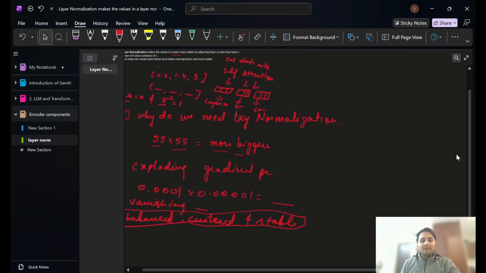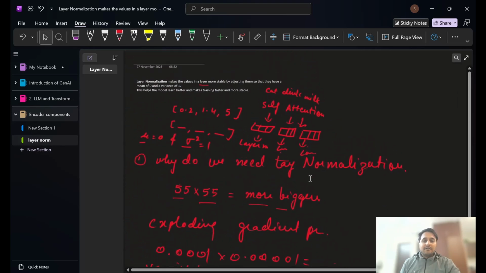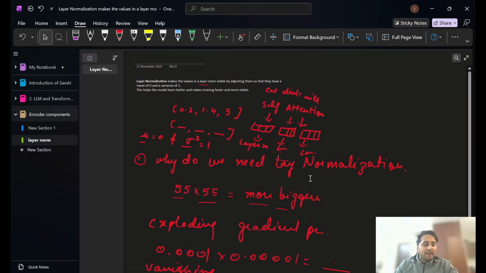And why are we doing normalization? Because we want our model not to face the vanishing and exploding gradient problem, we want our gradient updates to become stable, and the speed of training and the performance of our model to increase. That is why we are doing layer normalization.